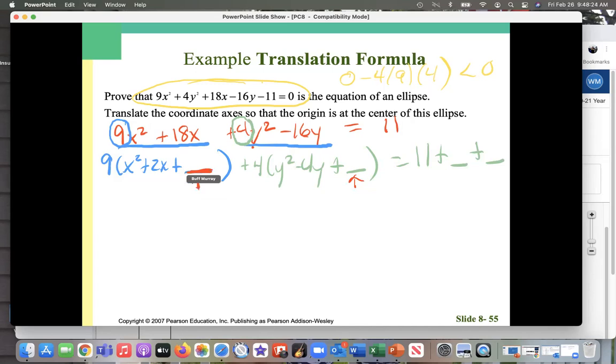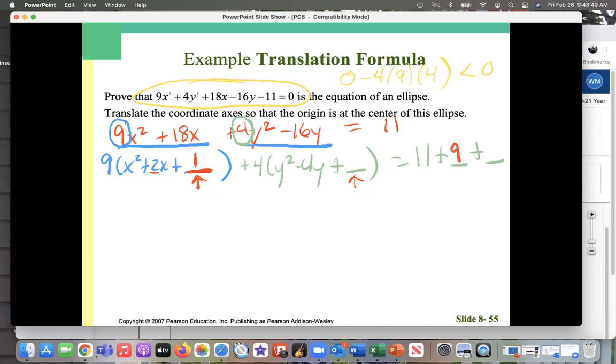What would make that a perfect square trinomial in those parentheses? 1. And how do we get 1? It's b divided by 2 and then square it. Where our b value is 2, so it's 2 divided by 2 is 1, 1 squared is 1. So really I've added 9 over there, didn't I? 9 times that 1. Okay. So balancing my equation, I got to be careful here.